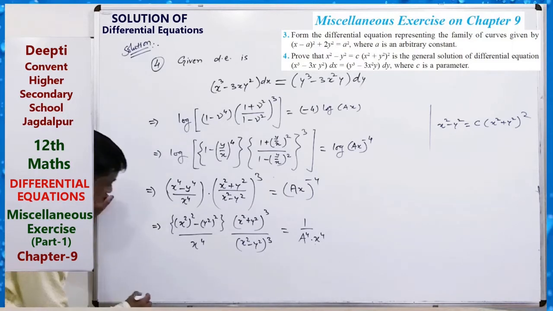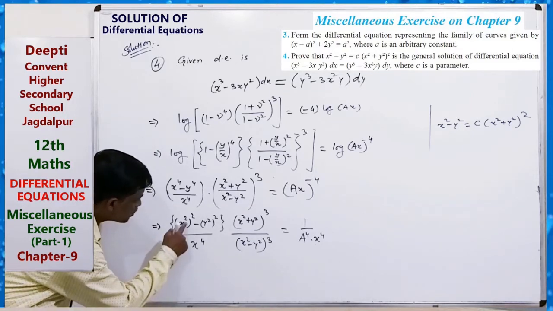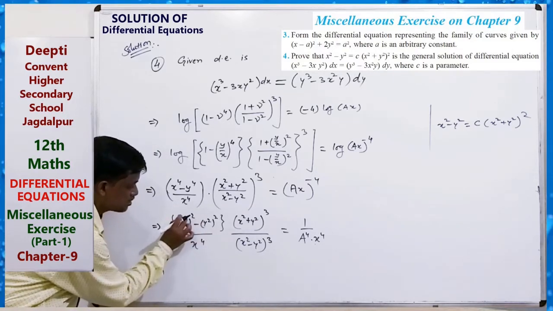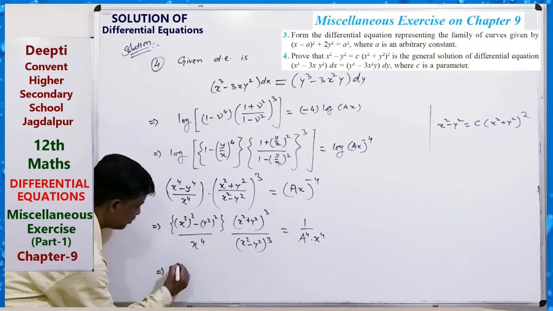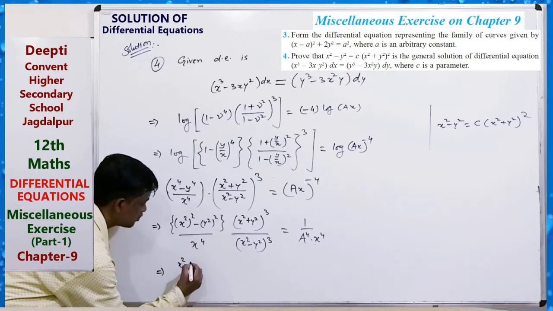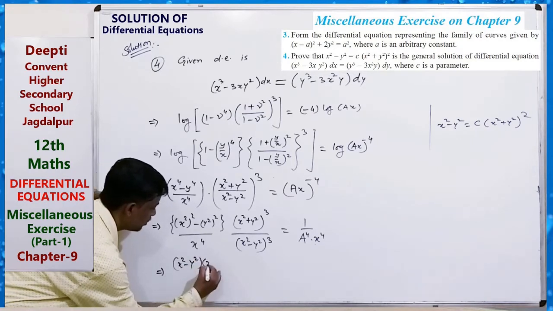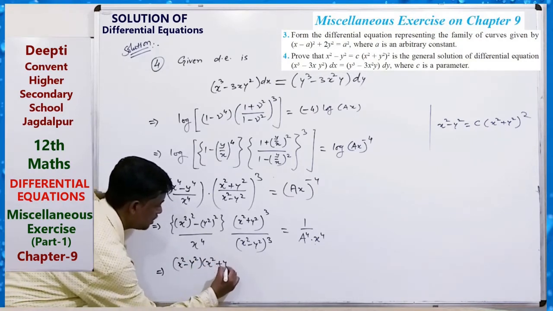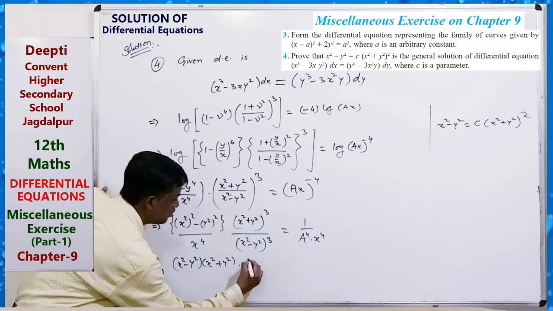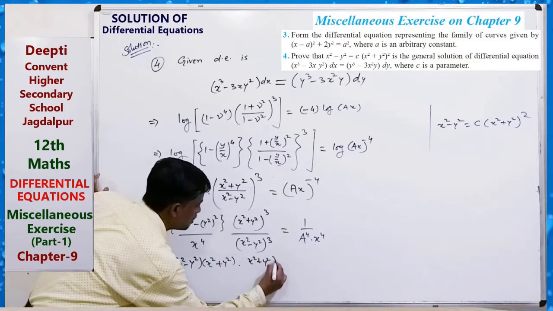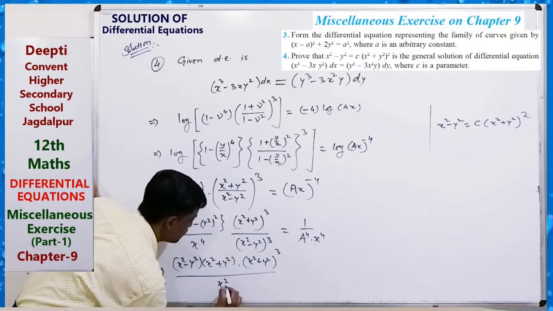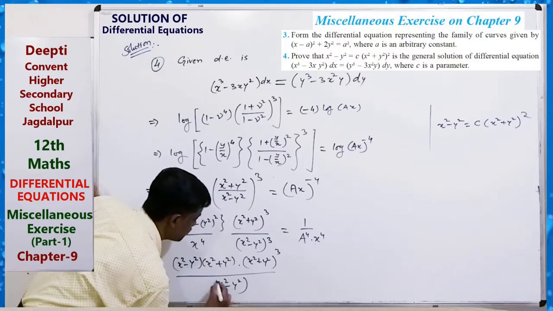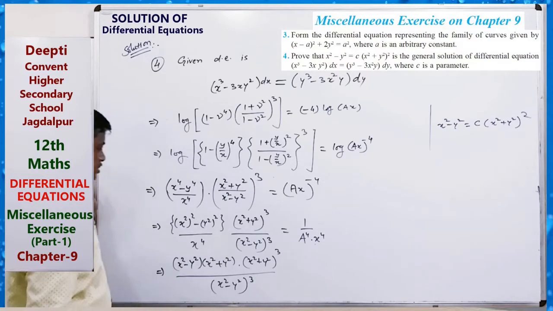Now from here we can see that a square minus b square. So we can get like this: x square minus y square into x square plus y square, into x square plus y square power 3 upon x square minus y square power 3.